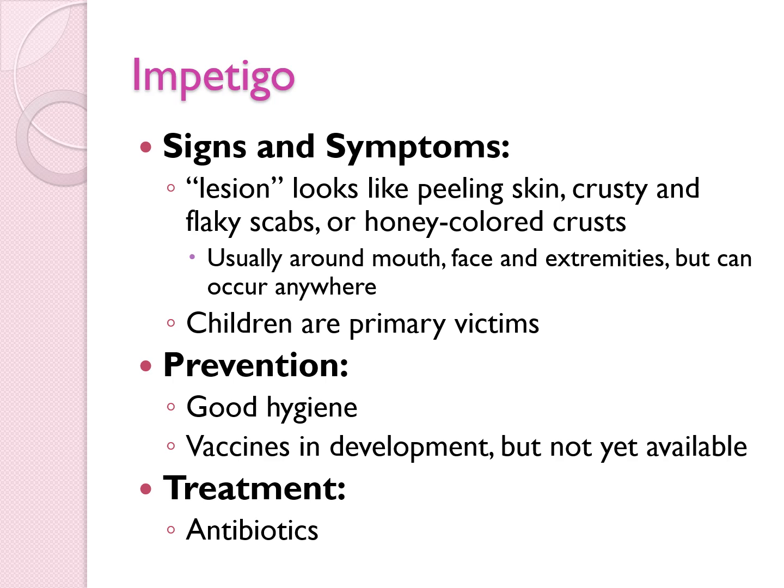The second reason is that they touch everything, right? They're always into something. And then what do they touch? Their face, their mouth, their nose. So, it makes sense. Children are kind of the primary victims of impetigo.